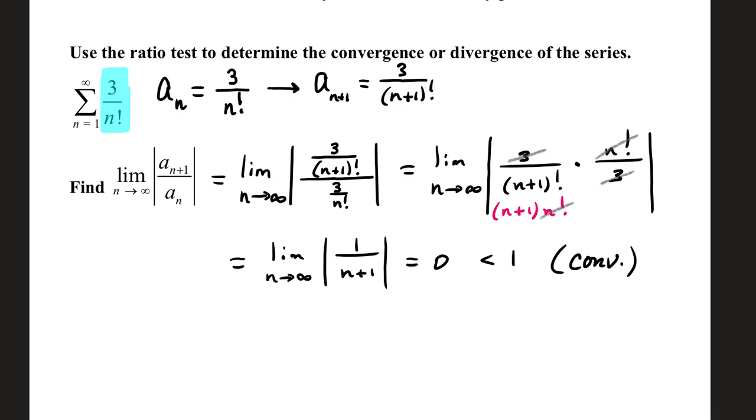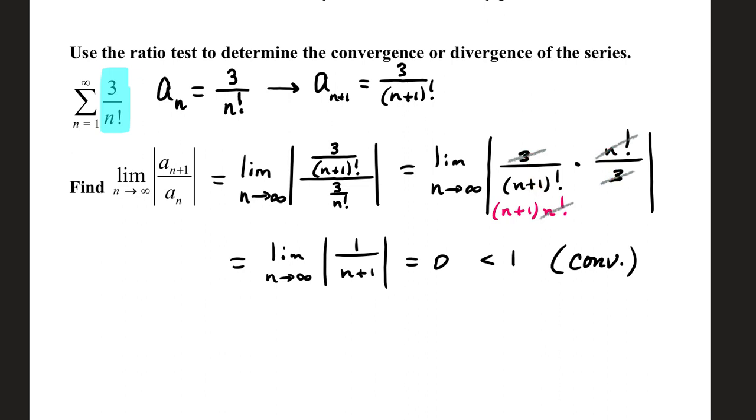Setting up our limit for the ratio test, we have the limit as n goes to infinity, absolute value of our a sub n plus 1 term over our a sub n term. This is a complex fraction, so you can rewrite it as numerator times the denominator flipped.